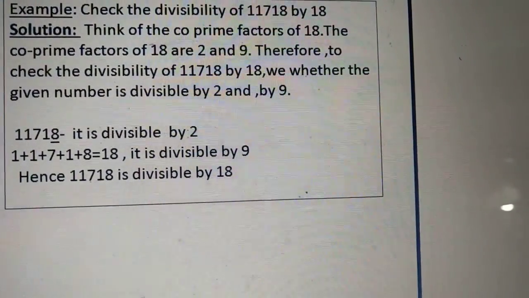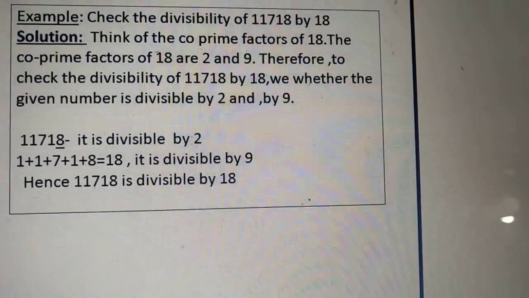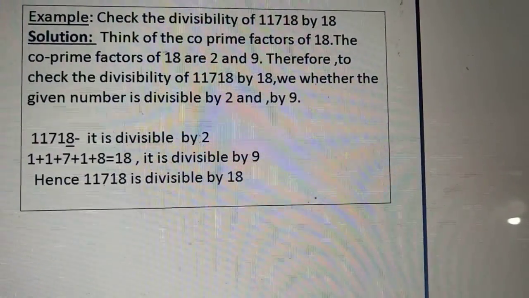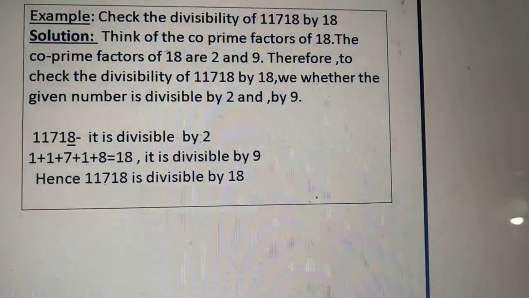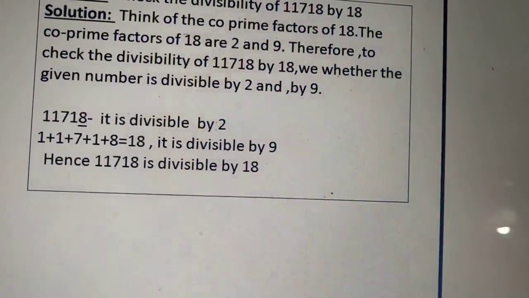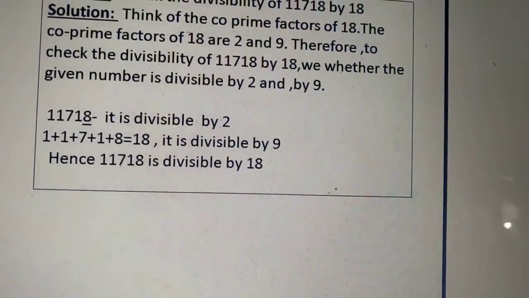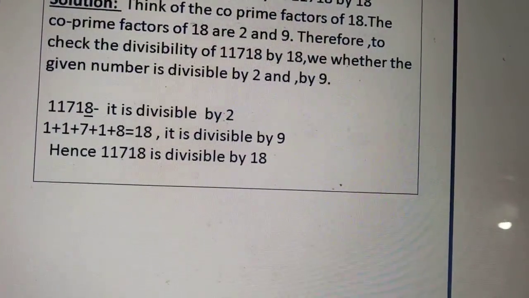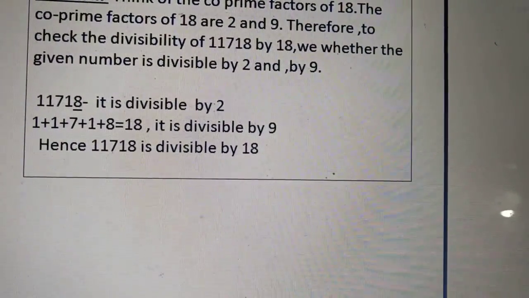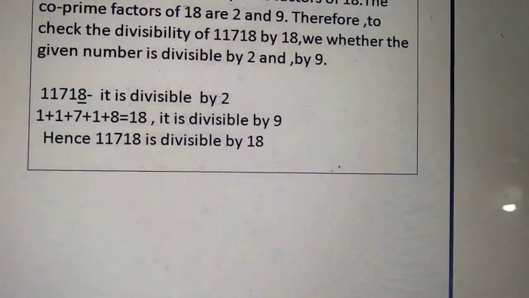Check the divisibility of 11,718 by 18. So think of the co-prime factors of 18. As we found right now, co-primes of 18 are 9 and 2. So we'll check by 9 and we'll check by 2. If it is divisible by 2 and 9 both, then the number is divisible by 18 also.